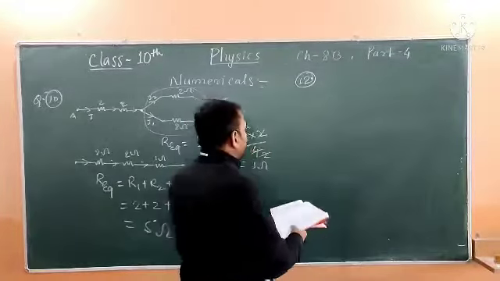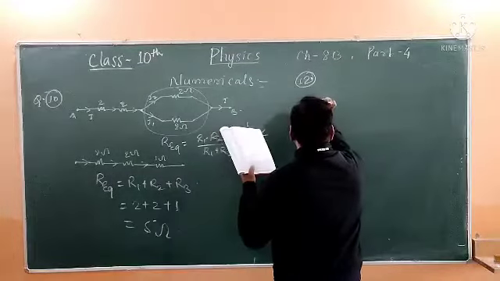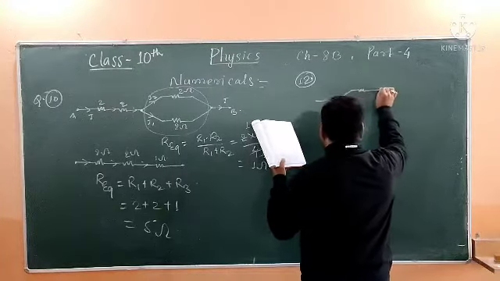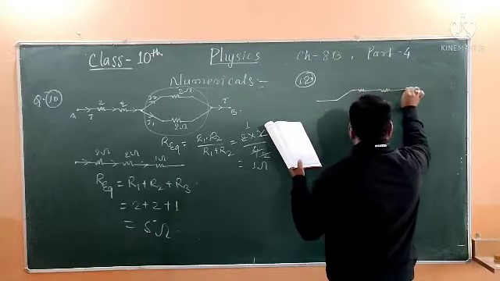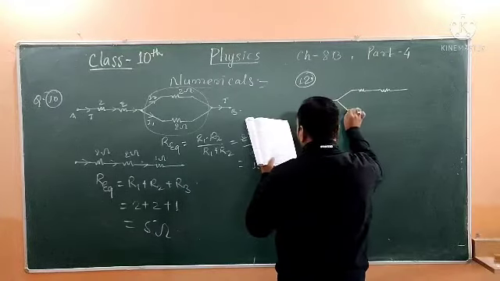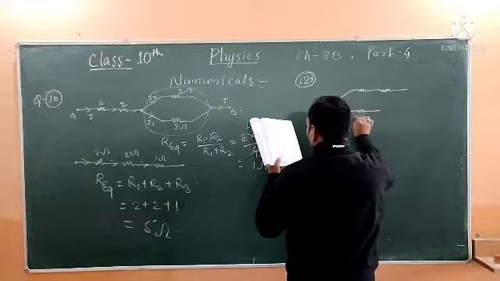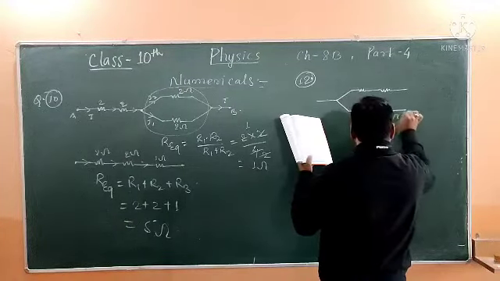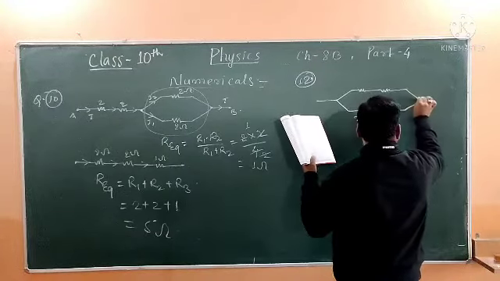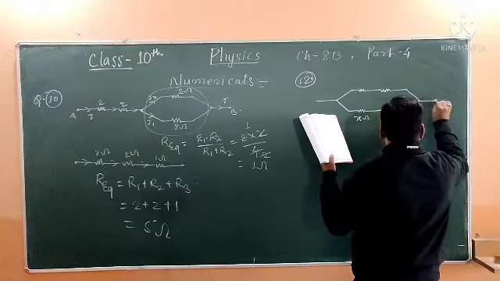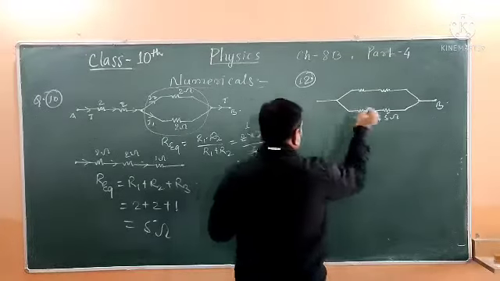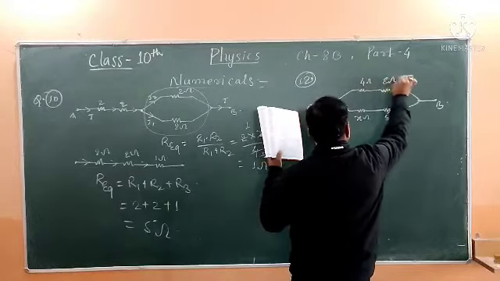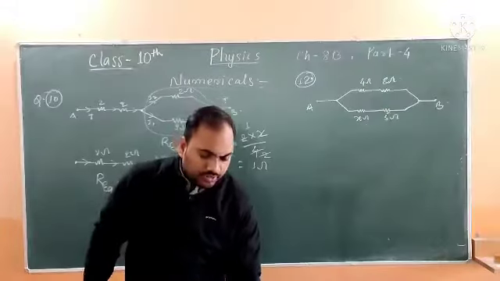Let's draw the diagram first. There is a 4 ohm resistance in series with an 8 ohm resistance. Again there is another resistance of X ohm, in series with a 5 ohm resistance, between points A and B. What is the demand of the question?